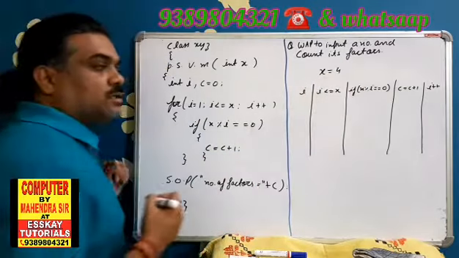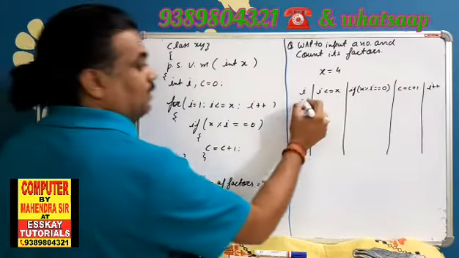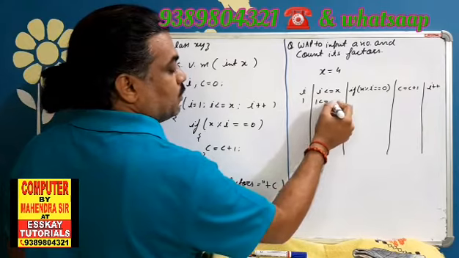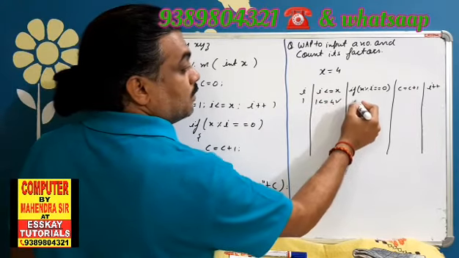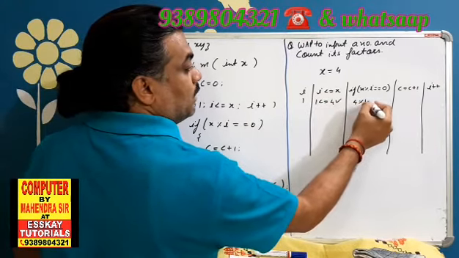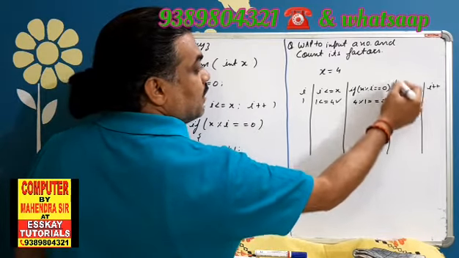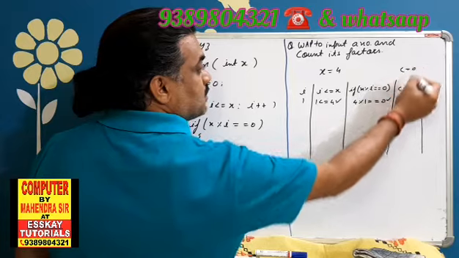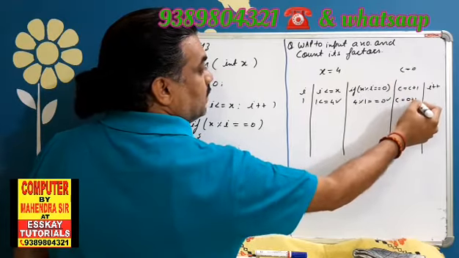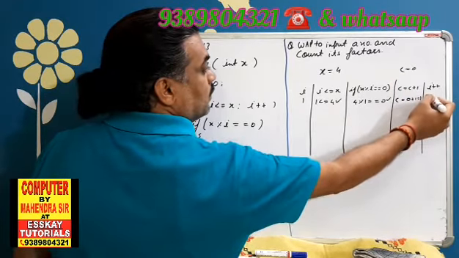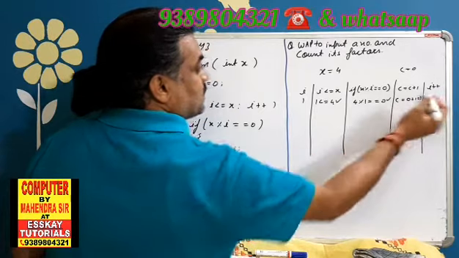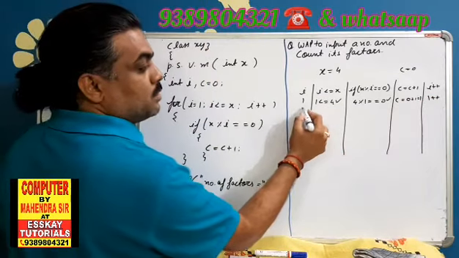I am counting the factors of 4. I is 1. 1 is less than equal to 4. That's correct. 4 mod 1 is equal to 0. That's again correct. What is the initial value of C? 0. So 0 plus 1, that's 1. 1 plus plus, and that becomes 2.